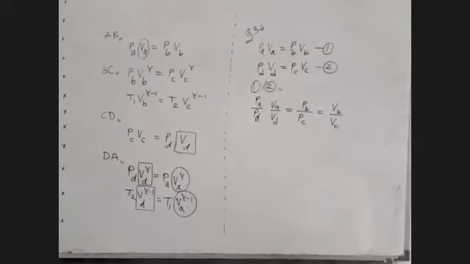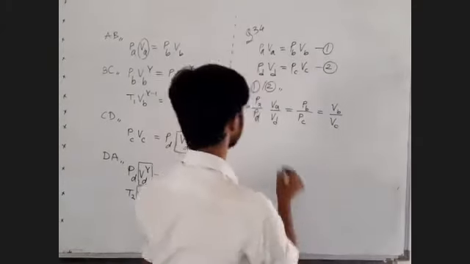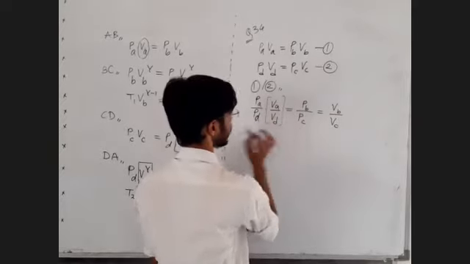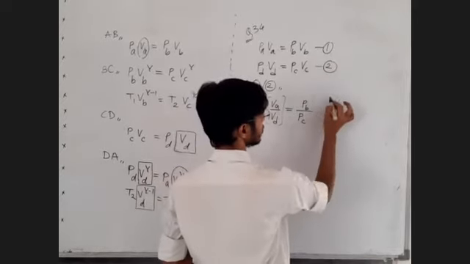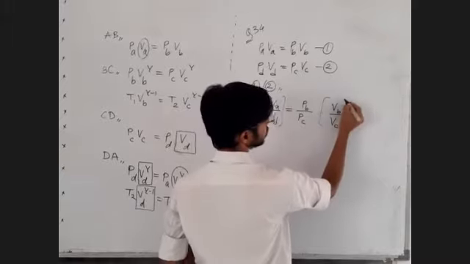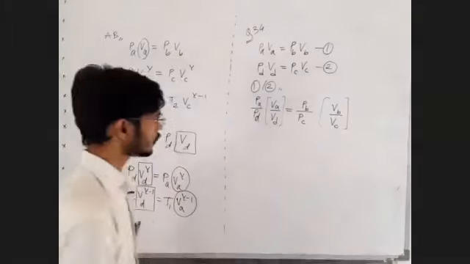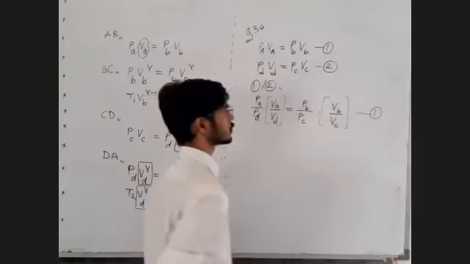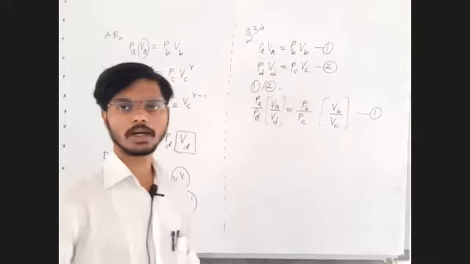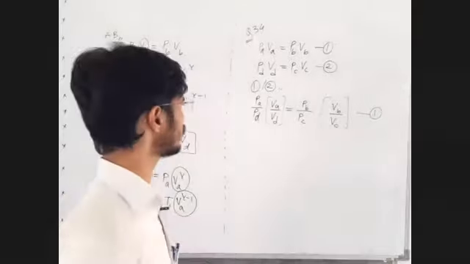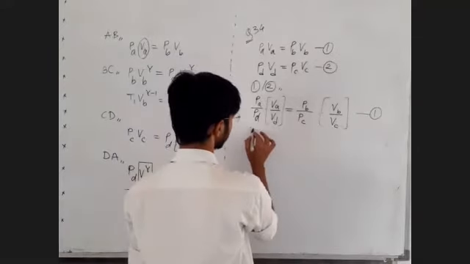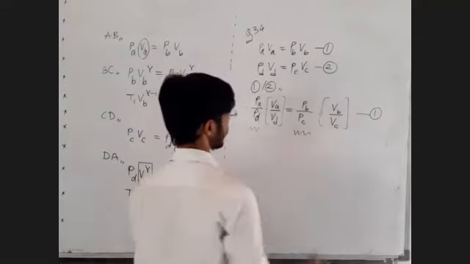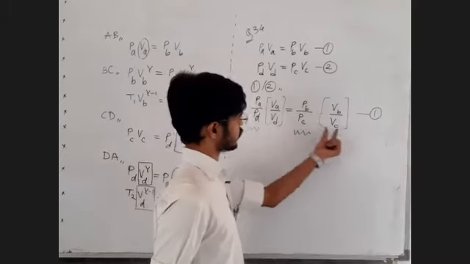Okay, what are the things that we have to compare? We have to compare this VA upon VD multiplied by, compared with VB upon VC. Okay, sir, fine. So call this as equation number 1. Now somehow we want to get rid of this term and this term so that we can have a comparison of this with this.